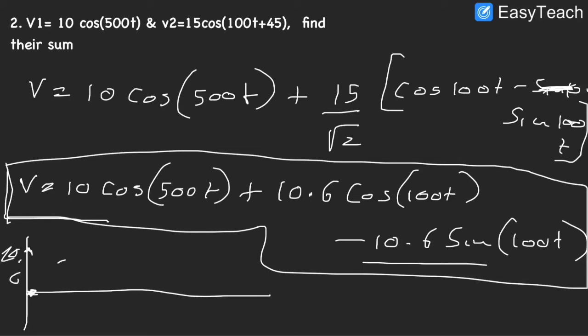So at time 0, your waveform is going to be here, and it's going to follow some pattern. And that is called the superposition of waves. So you just take the algebraic sum, and from this expression, you can tell at any point in time what the magnitude is going to be.